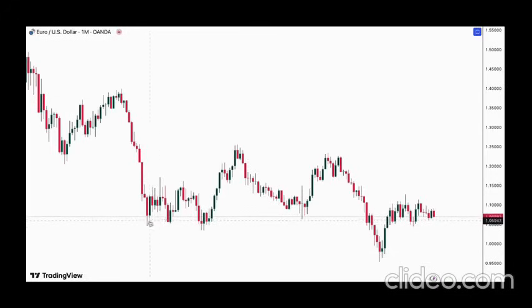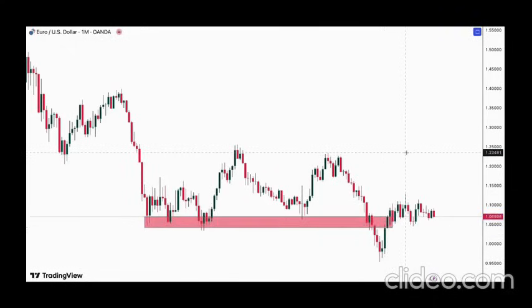Since it started here, up to this point, it managed to break this point. So here it looks like there was a very big zone like this. So this is like our support. It supported the market to bounce on it several times before it managed to break this zone.